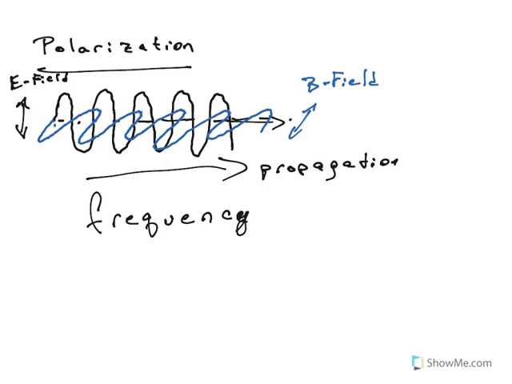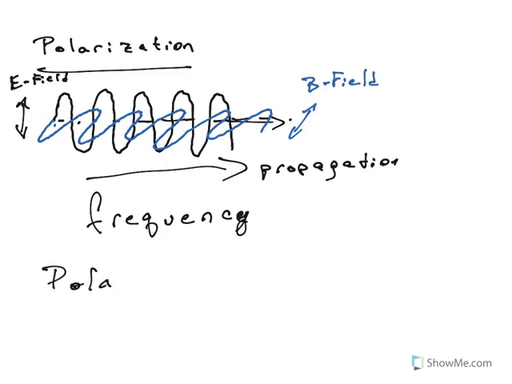It could have been back and forth. There's a whole 360 degrees I can rotate this wave around the propagation axis, and it's still a light wave. There's no reason the electric field has to be up and down. And so the definition of the polarization of light is basically which direction does the electric field oscillate.